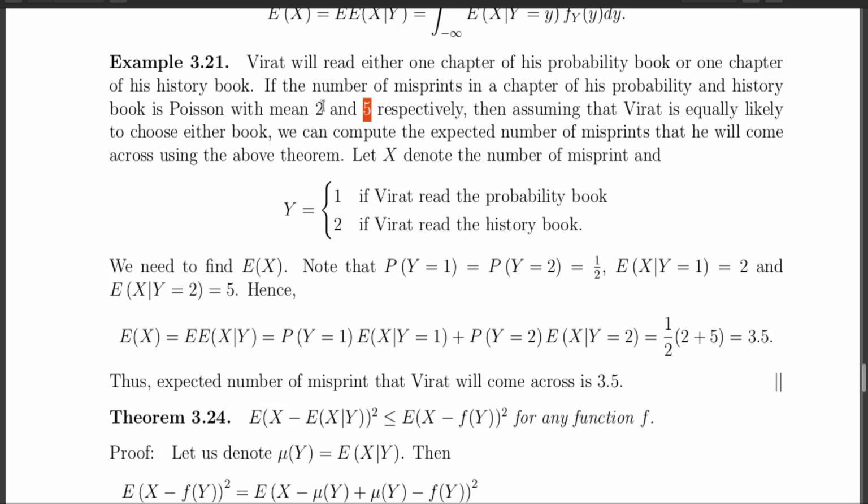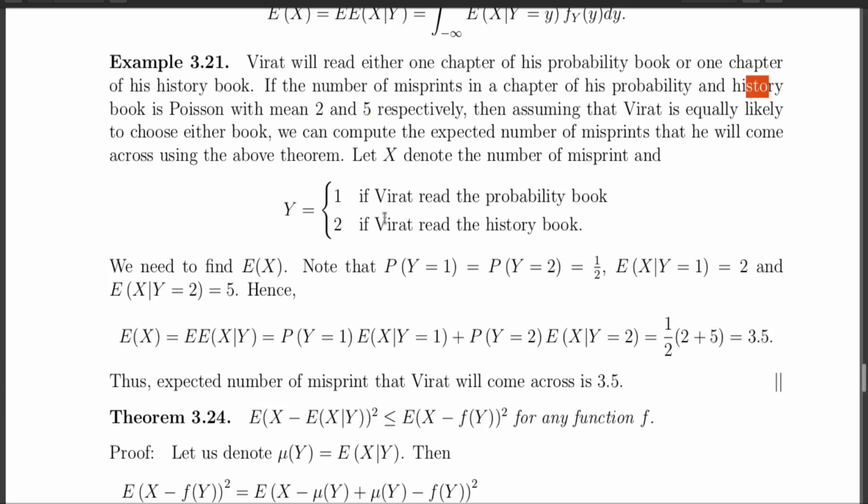If I say x is the number of misprints, and y is 1 if he reads the probability book and 2 if he reads the history book, then expectation of x given y equals 1 is 2, and expectation of x given y equals 2 is 5, because these are conditional expectations. 2 is the conditional expectation of misprints given he reads the probability book, and 5 is the conditional expectation given he reads the history book.